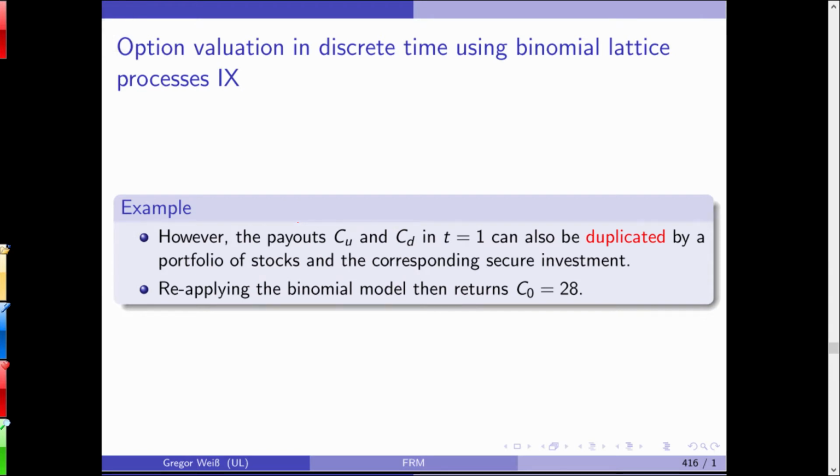However, the payouts can also be duplicated by a portfolio of stocks and the corresponding secure risk-free investment. Then we reapply it, and in this case, in a 2-period model, we get a call price of 28. Okay.